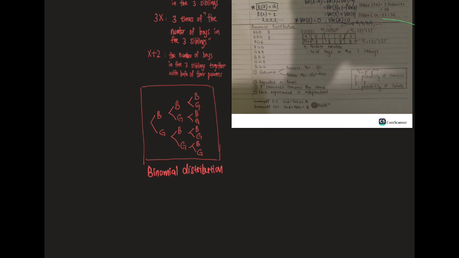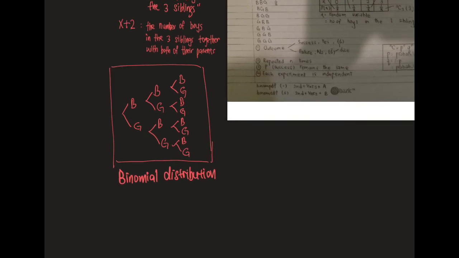Okay, for this kind of tree diagram. What kind of tree diagram do I mean? It's a tree diagram with 2 outcomes, 2 opposite outcomes, boy and girl. Okay, boy and girl. So in general, they call it success and failure.